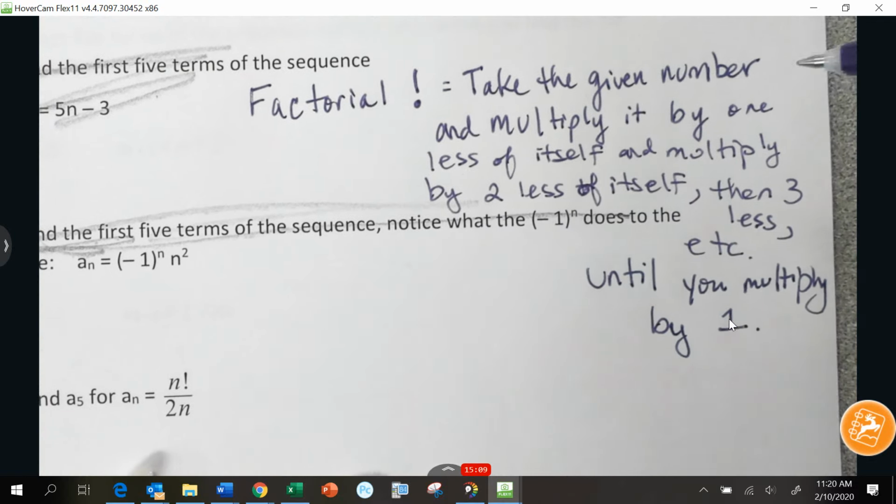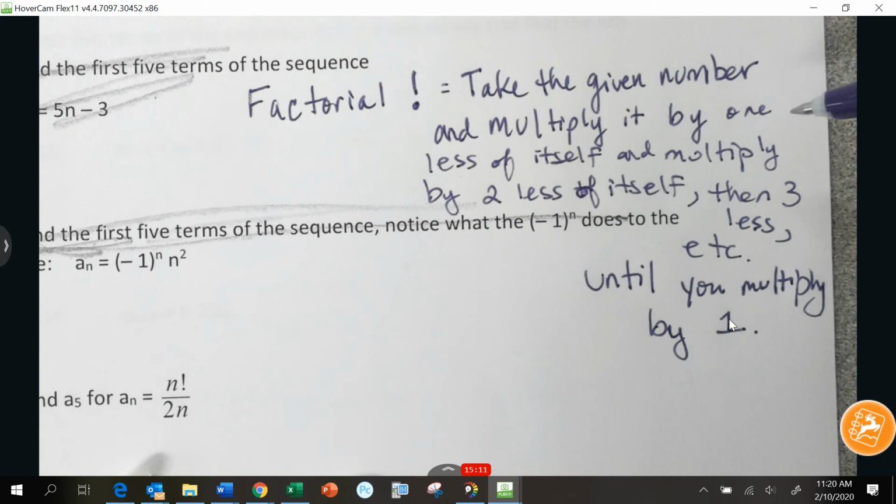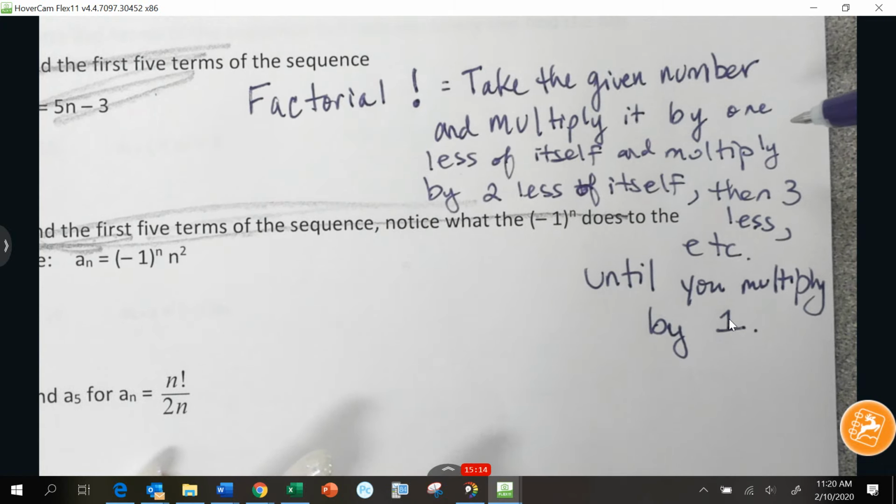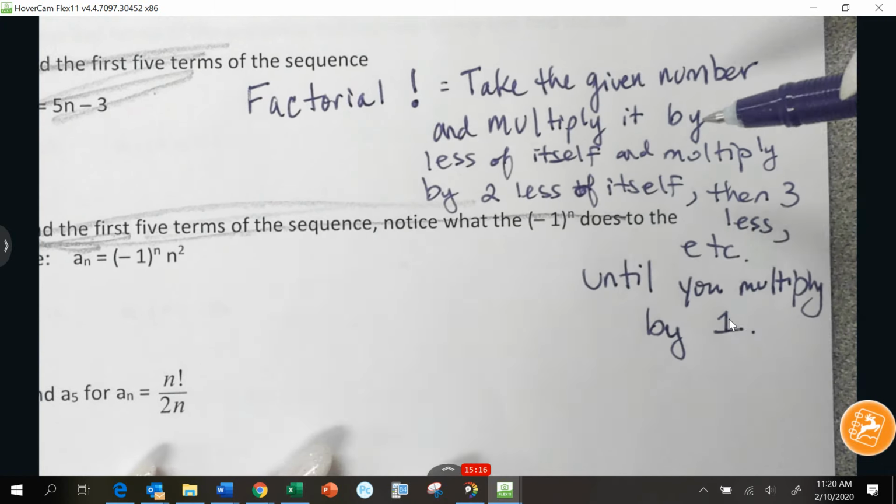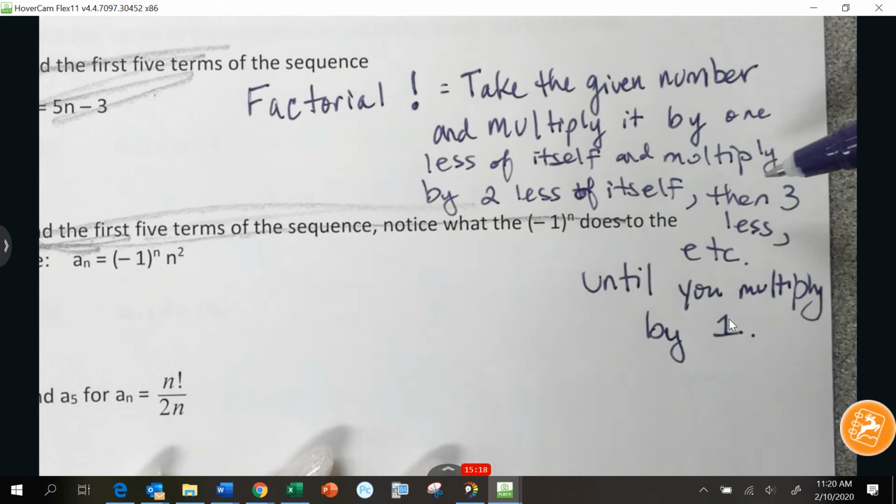So take the given number, multiply it by 1 less of itself, then multiply it by 2 less than itself, then by 3 less than itself, and you keep taking 1 less until you get to multiply by the number 1. Then you can stop.